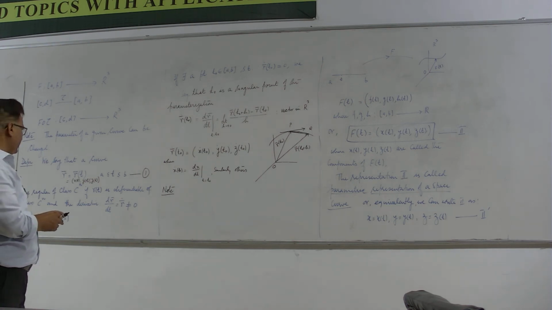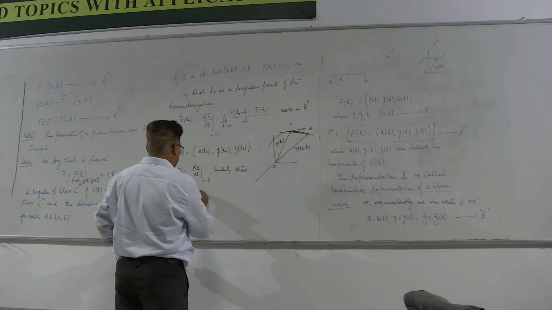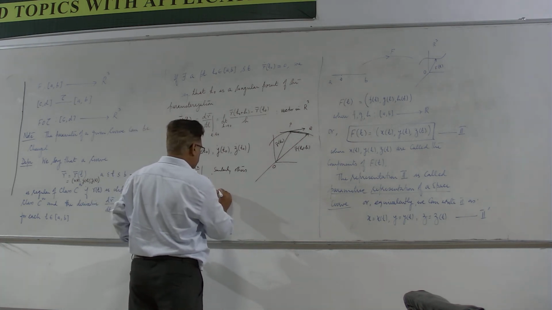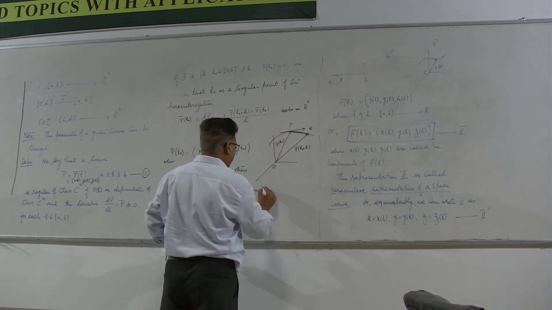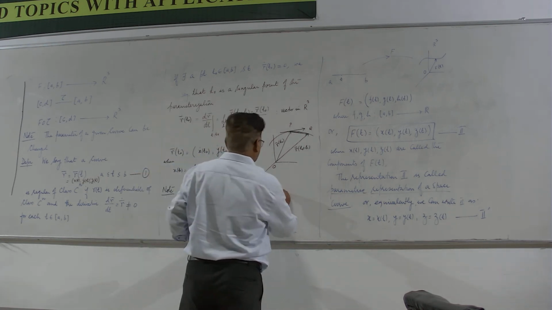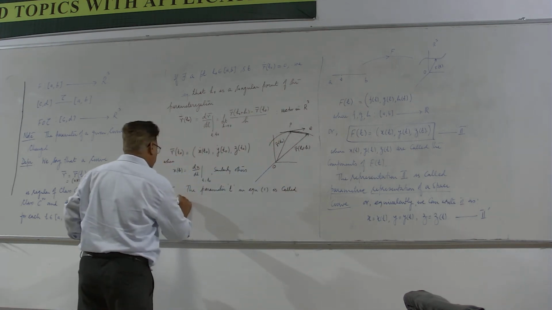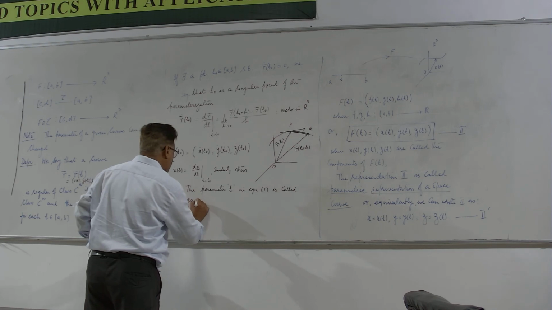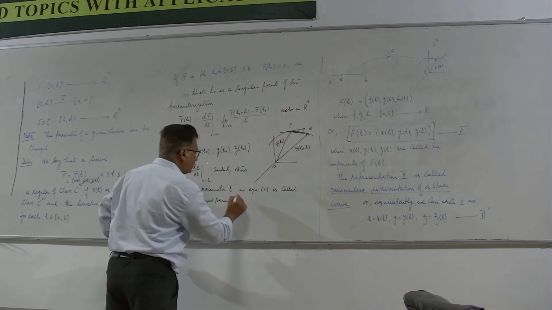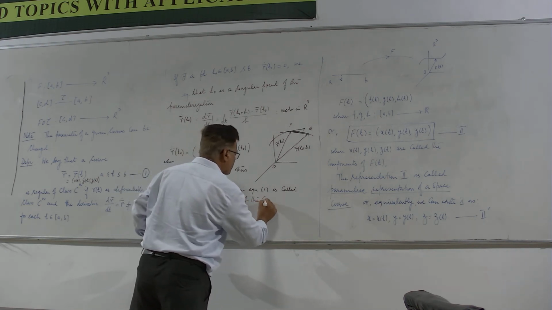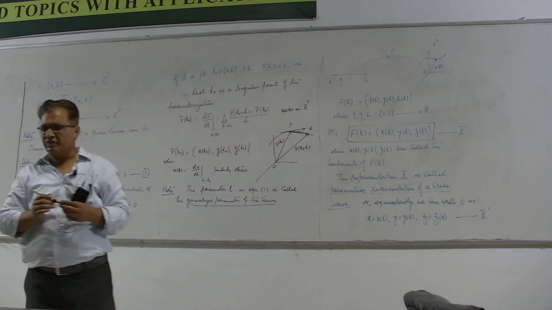So the parameter t in equation 1 is known as the generalized parameter of the curve. So these are the notations that we will be having.